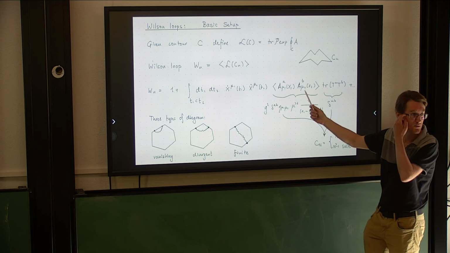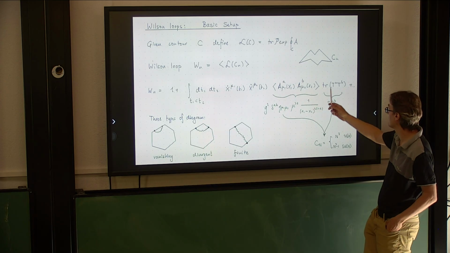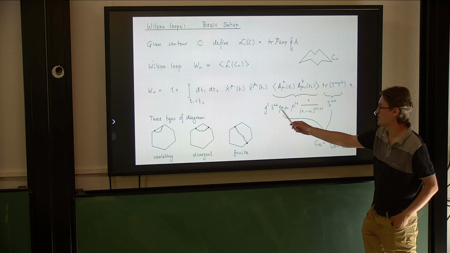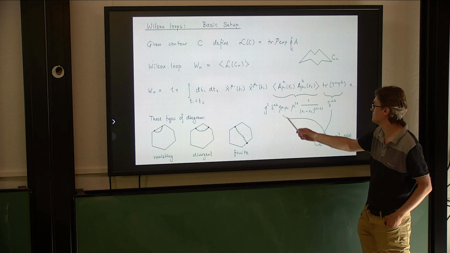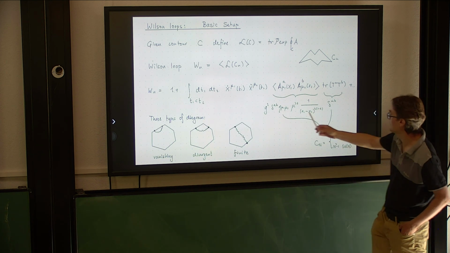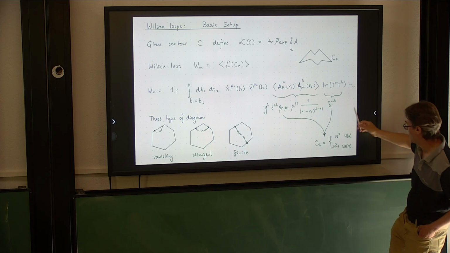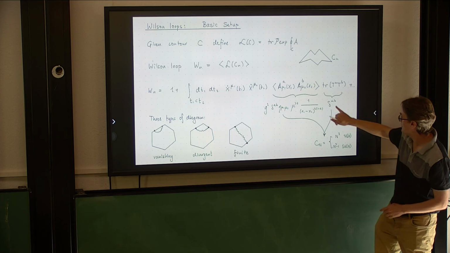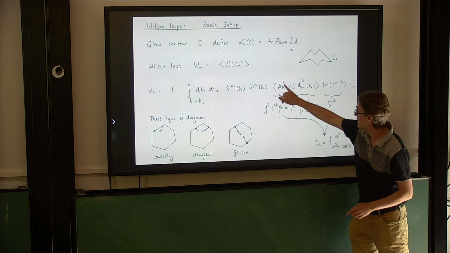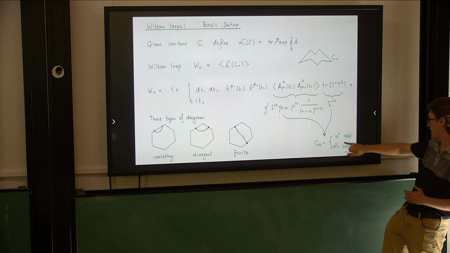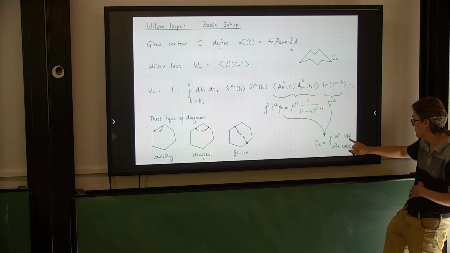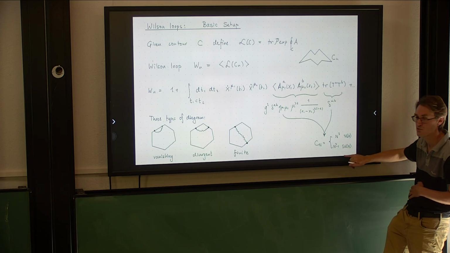I'll take the fundamental representation of SU(N) here. My gauge group will be SU(N). And there's some Lorentz structure, which is all diagonal. So one thing you will notice is that the color structure will go away. I'll contract these color labels here and here, and I'll pick up some overall color factor, which is just a function of N, which is U(N) or SU(N), depending on what I chose for my gauge group.